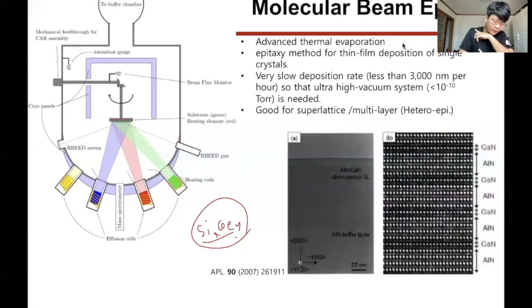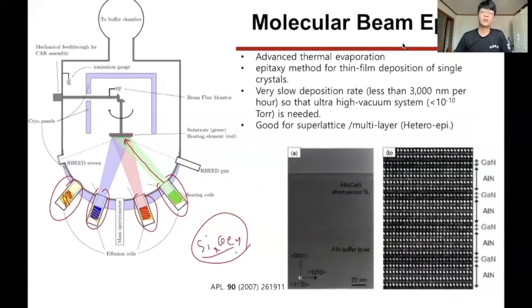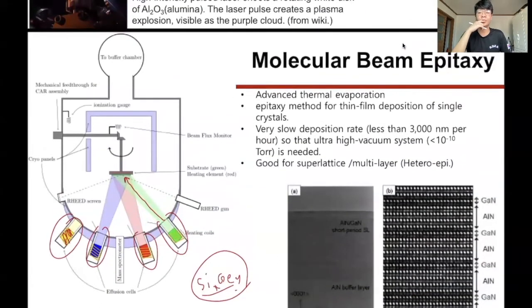For that, there are certain crucibles wrapped with coils. The coils heat up the materials and evaporate them, and then the evaporated materials get heated from many sides, so it is a very good method for epitaxy on single crystals.